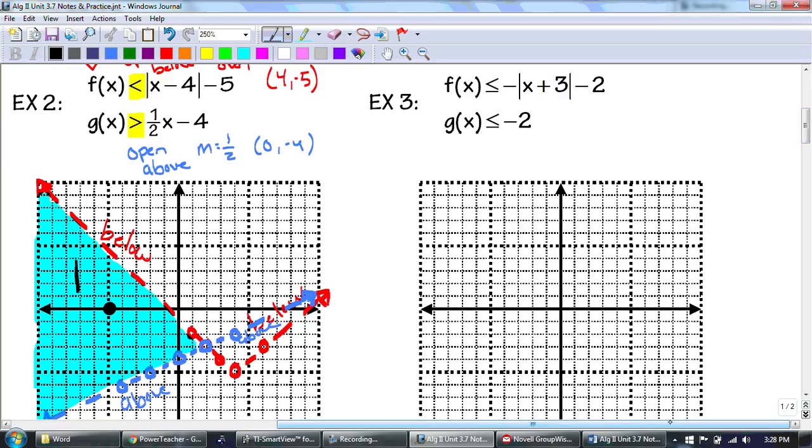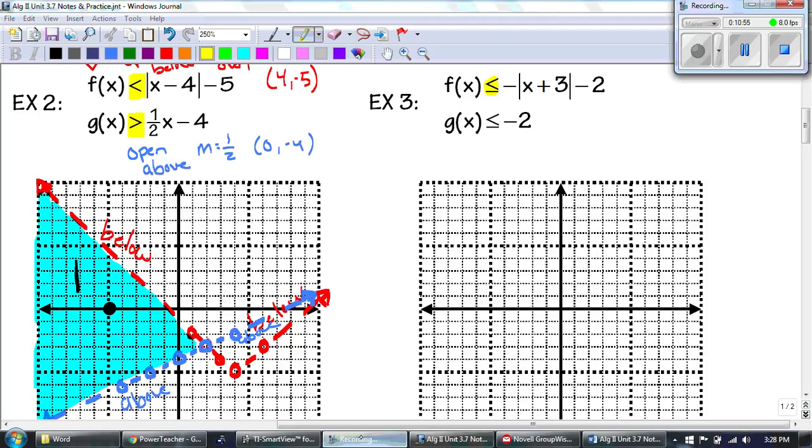Okay. Why don't you guys see if you can graph the two, and then we'll do the shading together. Okay? So see if you can graph everything, at least the first one. Okay? I'll be nice. Just graph the first one, and we'll talk about the second one together. So go ahead and pause the video, and good luck.